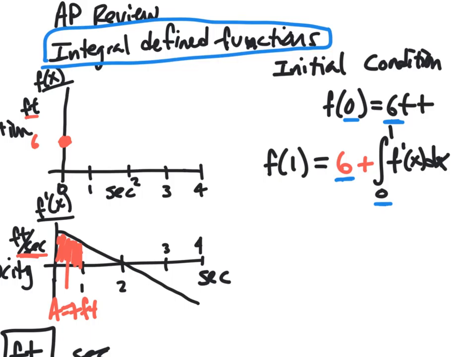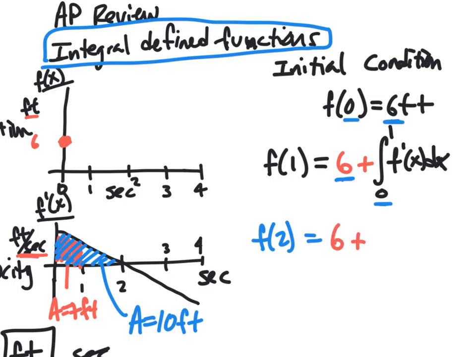Now let's do something else. Let's say we want to find f of 2. We want to find the height after 2 seconds. Well, that means we're going to add up all of this area down here between 0 and 2. We'll call this area equal to 10 feet, okay? And so remember that we're doing 6 plus, because we started at a height of 6 at 0, and we're trying to figure out how much area there is between 0 and 2.